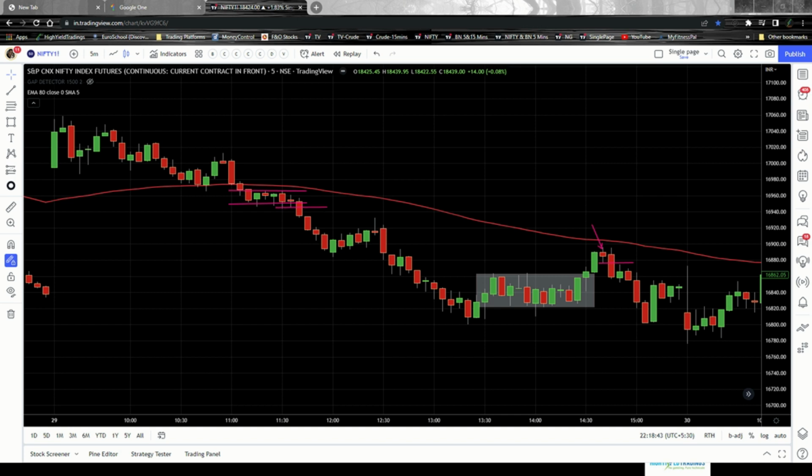Let me delete things here. Okay, so this area's consolidation was actually breached when this candle's low was broken, right? This red candle's low.